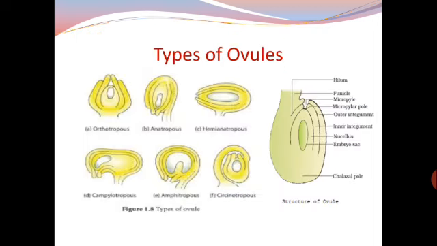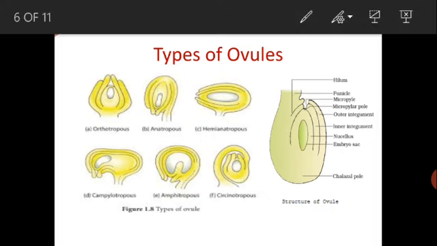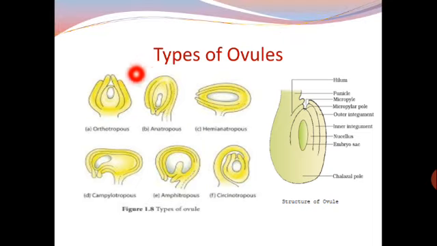If in the exam they don't specify anatropous or orthotropous, and simply ask to explain the structure of the megasporangium, you can draw any one diagram and explain the parts of the ovule. Now if you see the different types of ovule, as I told you, the first one is the orthotropous. In orthotropous, all lie in the same line.